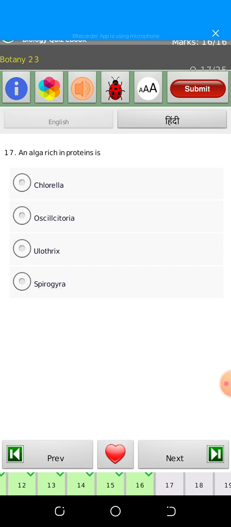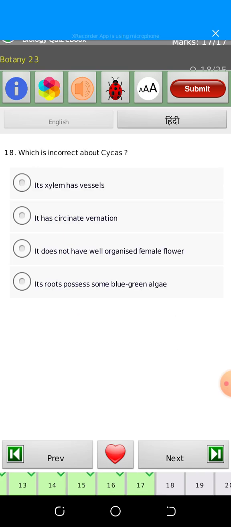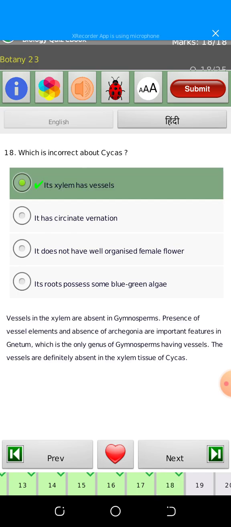Next is, an alga rich in proteins is Chlorella, Oedogonium, Ulothrix, Spirogyra. Chlorella is the alga rich in proteins. Next is, which is incorrect about cycas. The incorrect statement about cycas is that its xylem has vessels.